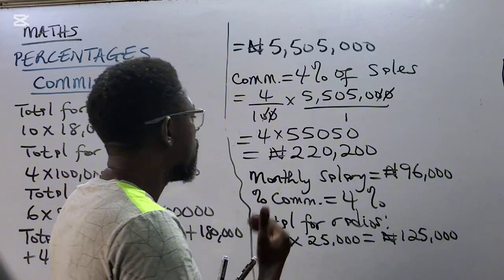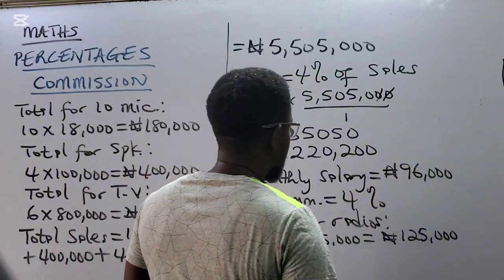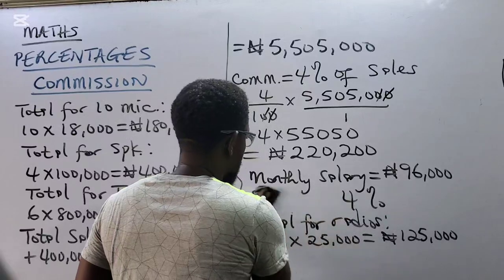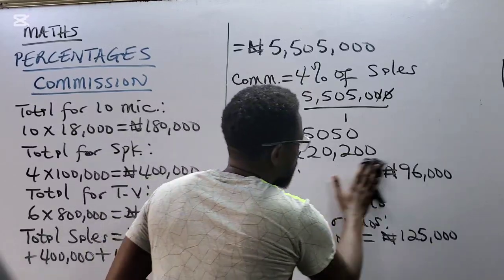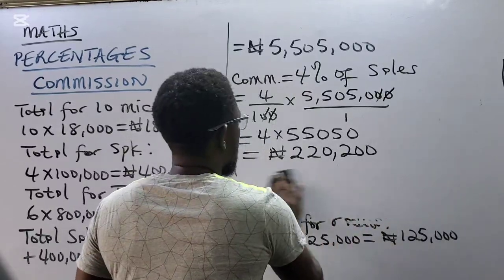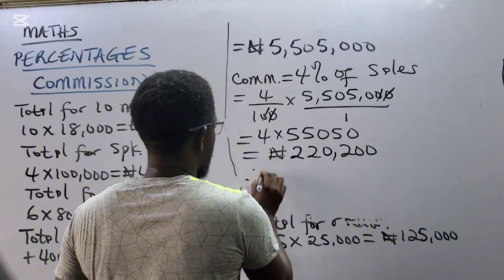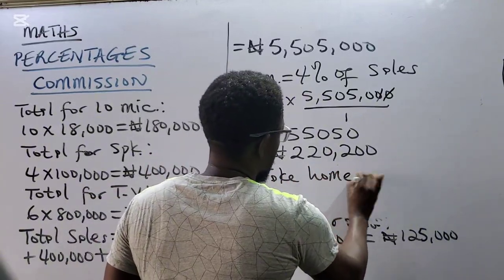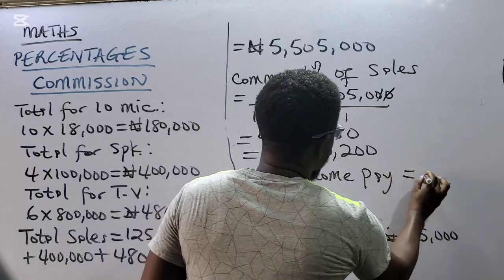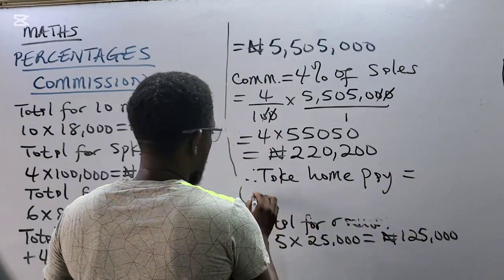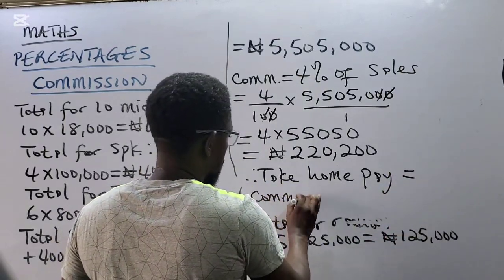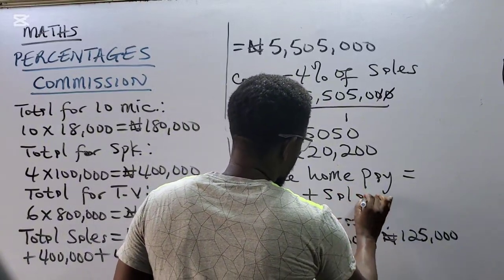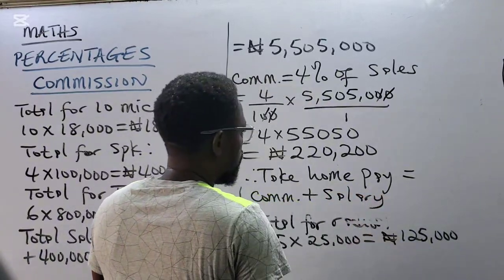Now, the monthly salary is 96,000. So our take-home pay will be the commission plus the monthly salary.